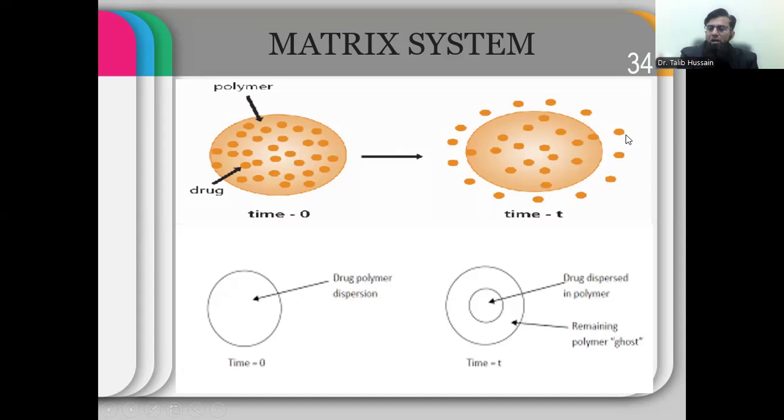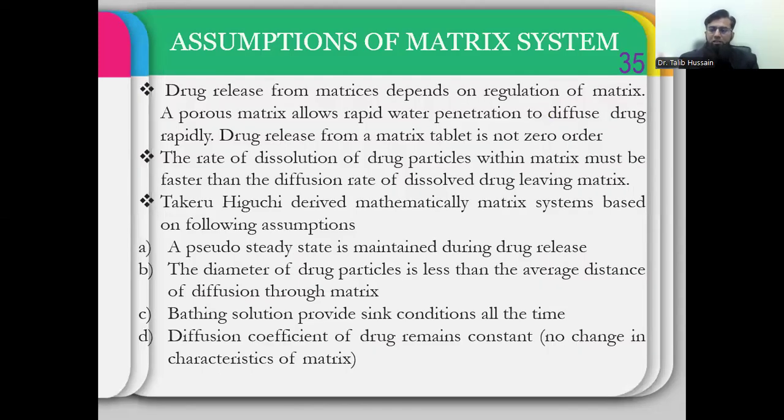For example, at time t, a surface-bound drug or entrapped drug is released from the polymeric matrix, and then the next drug molecule will dissolve, and that will diffuse out of the polymeric matrix. This process will continue until the whole drug is evacuated from the matrix, and this polymeric ghost will remain intact. So it has again the same problem which was with the reservoir system, that the polymeric ghost remains within the system.